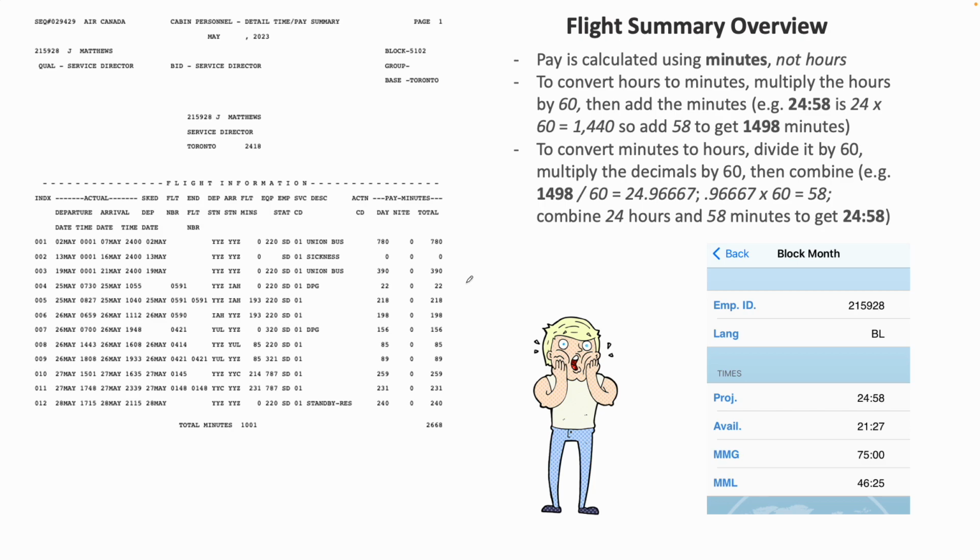For the math geeks out there, you may have noticed that everything is in minutes, that we don't use the hours plus minutes format on our pay or our flight summaries, so we have to do a little bit of conversion once in a while because we're used to thinking about things in terms of hours and minutes, especially when looking at Globe.